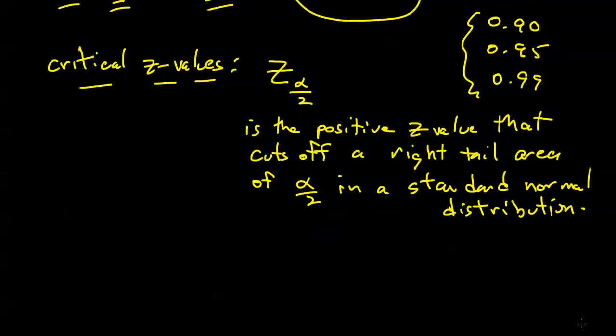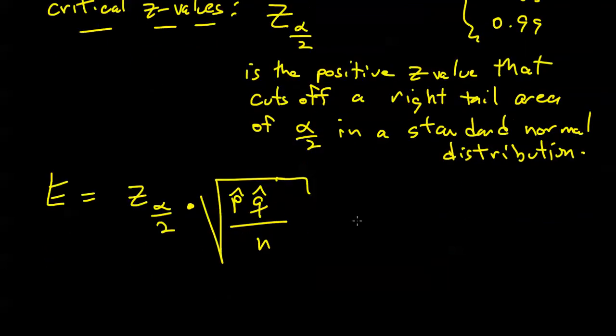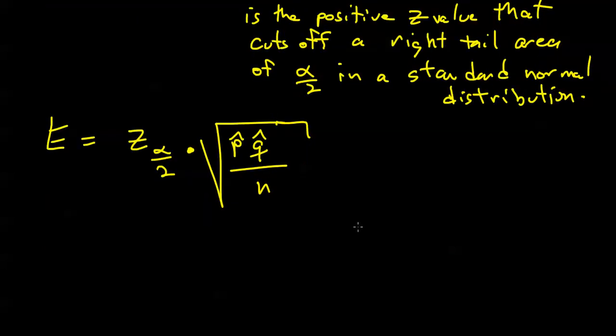All right, E, we already talked about our margin of error. There's a formula for cap E, our margin of error, and it's your critical z value, z sub alpha over 2, not p, z sub alpha over 2, times the square root of p hat q hat over n, where of course p hat is your sample proportion with your desired characteristic of interest, and q hat would then be the complement of p hat.